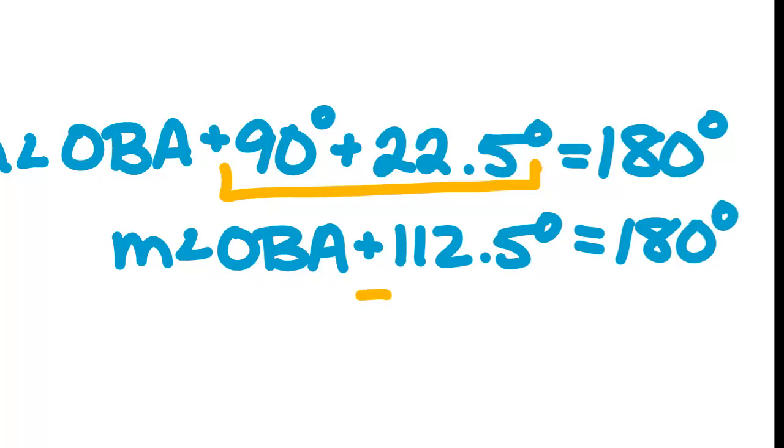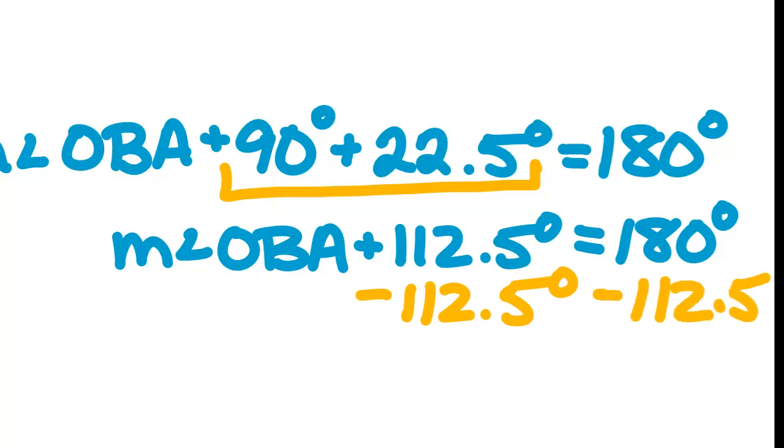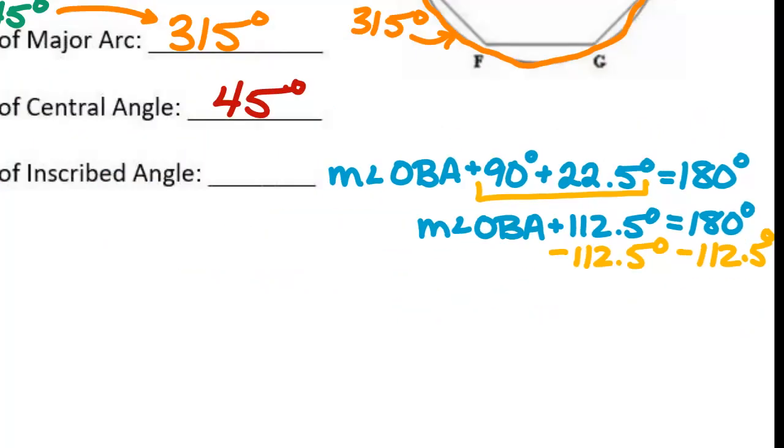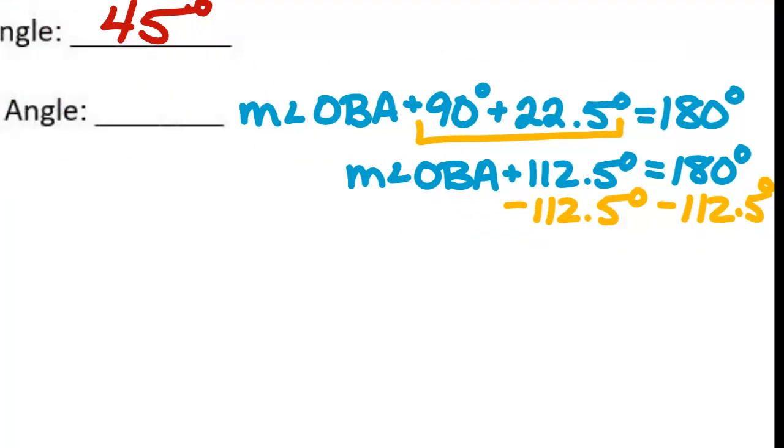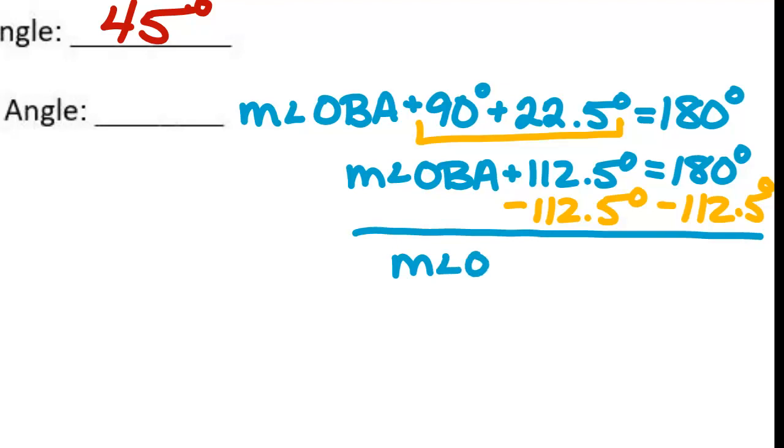Then we're going to subtract 112.5 from both sides. What is 180 minus 112.5? 67.5.